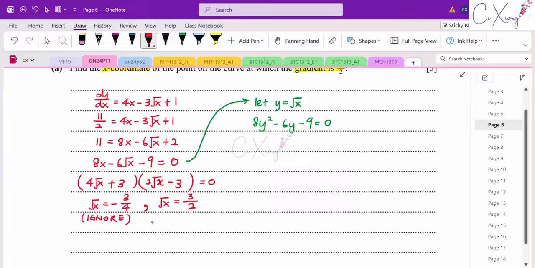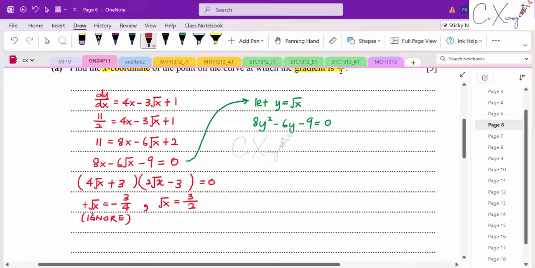It is because when you are having a square root x, it actually means that there's a positive in front. So when you're having a positive square root x, it's impossible for you to get a negative 3 over 4. Therefore, for this part, I will continue to solve it. So when I want to find x, I will need to square both sides. And I'm having 9 over 4 as the answer.